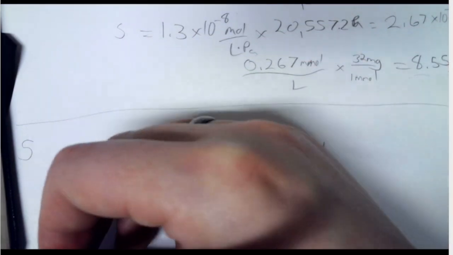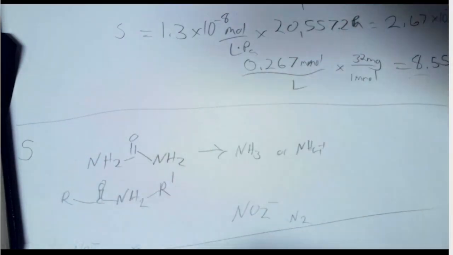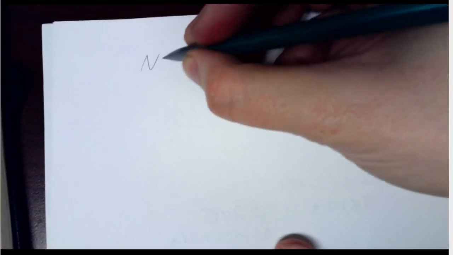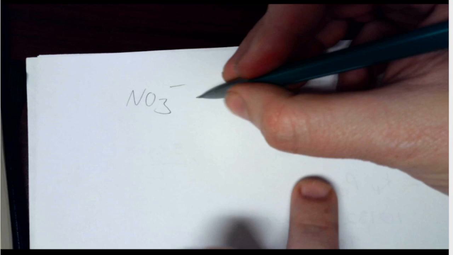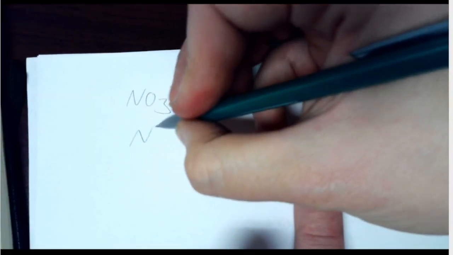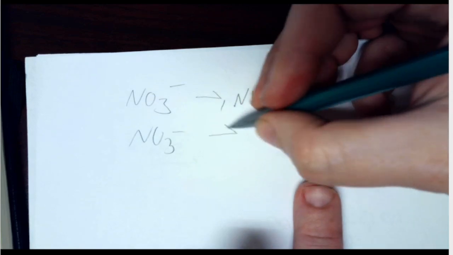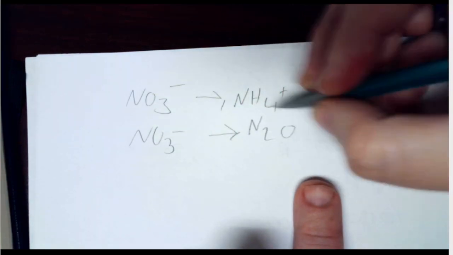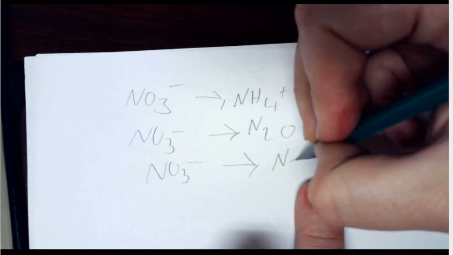So for 6, we're going to calculate the pE for nitrate to ammonium, nitrate to N2O, and nitrate to N2.